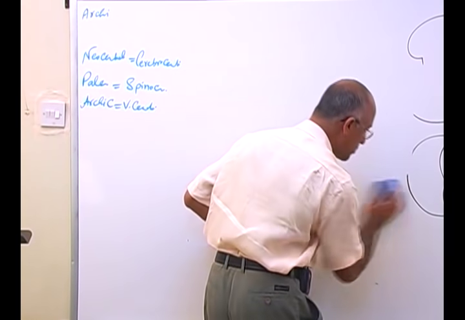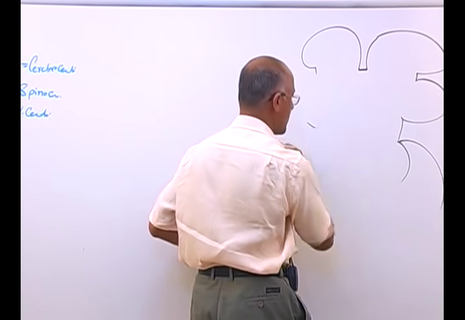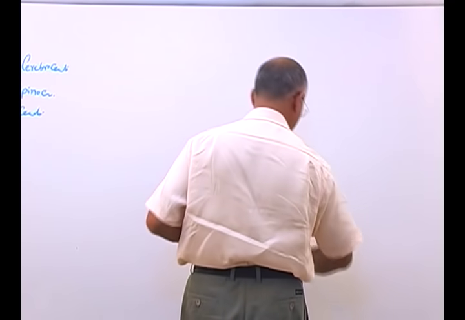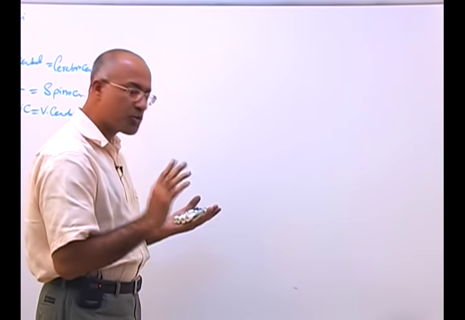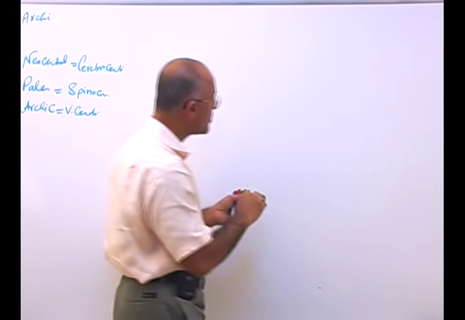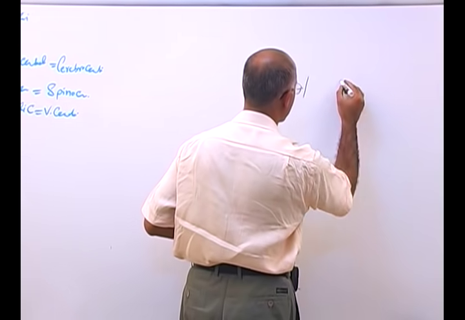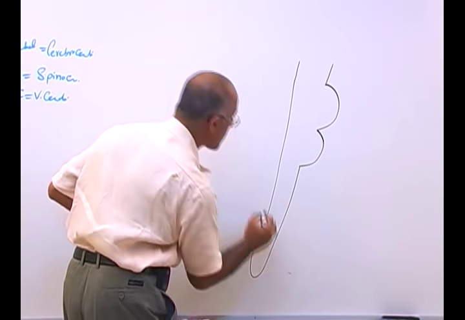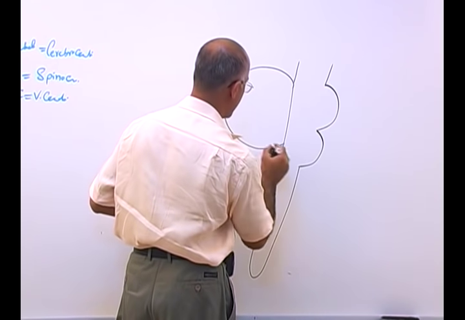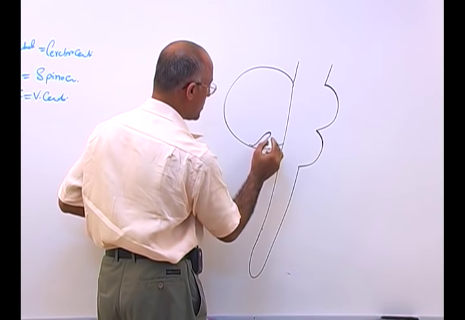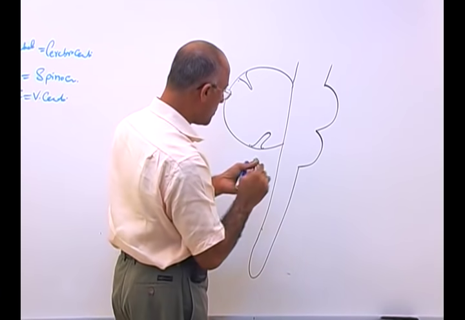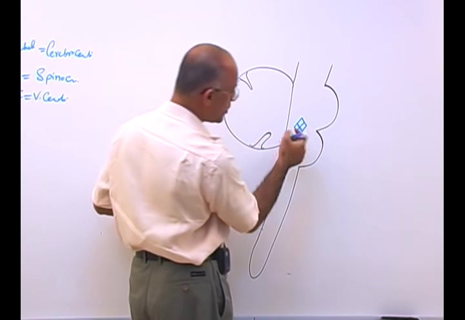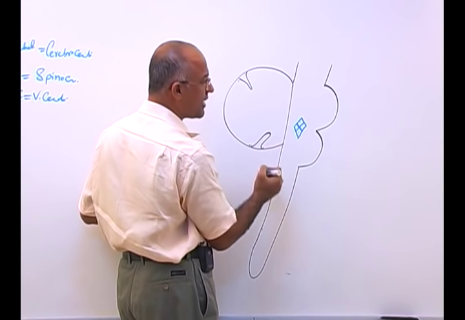First of all, I will explain the vestibulocerebellum, which is the most primitive cerebellum, the archicerebellum. Now, let's suppose here is the vestibular nuclear complex. It has the superior nucleus, inferior nucleus, medial and lateral nucleus.